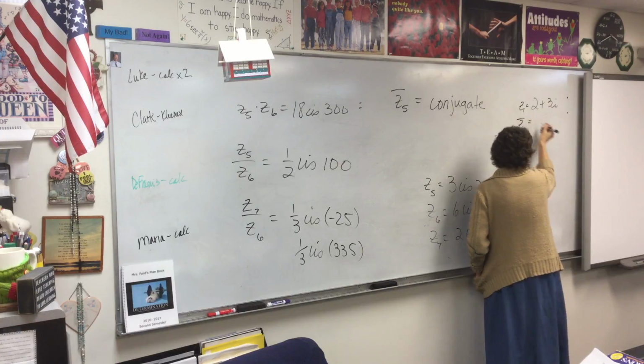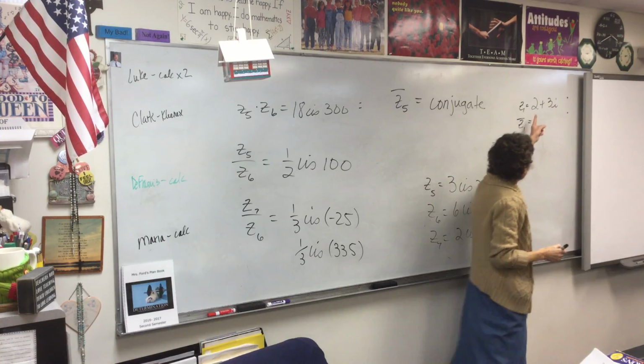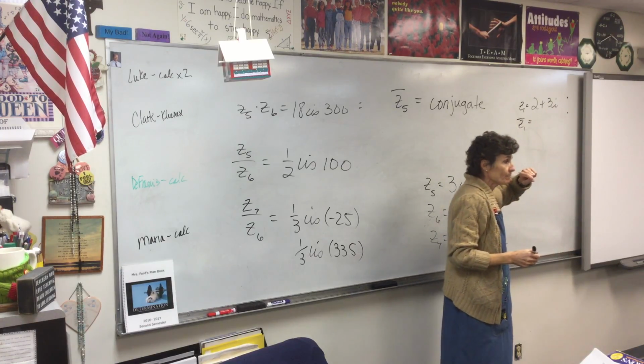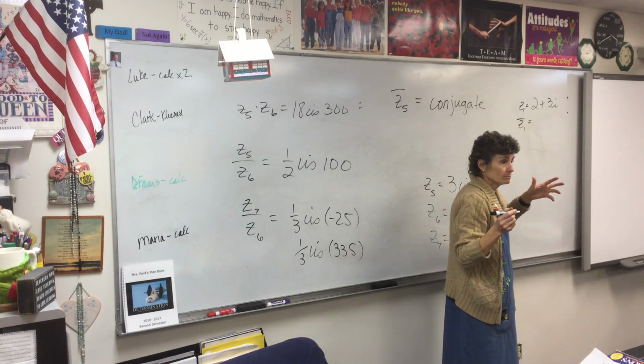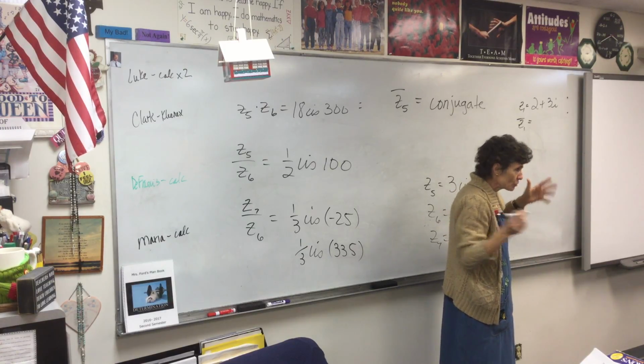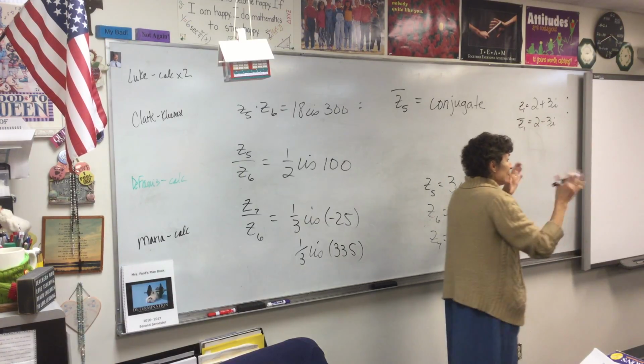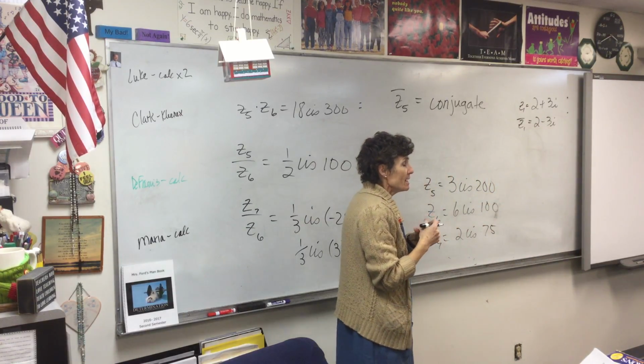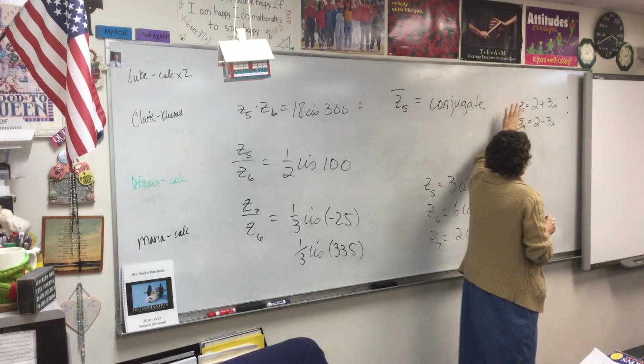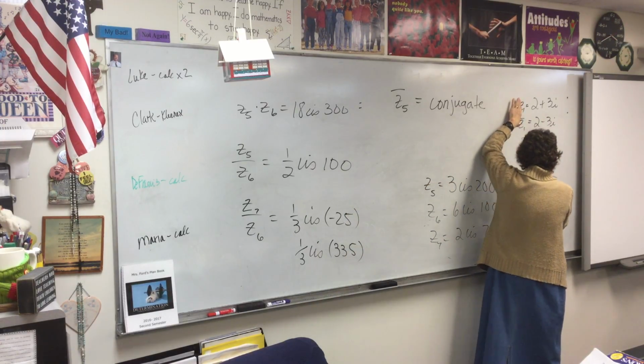You would all tell me that the conjugate of 2 plus 3i would be what? 2 minus 3i. You learned that a long time ago, in another class. That's the conjugate, right?